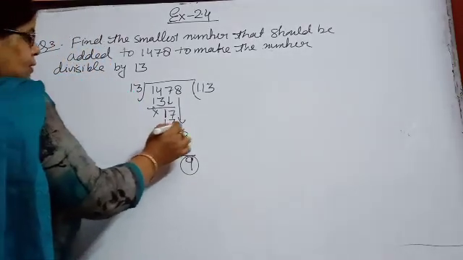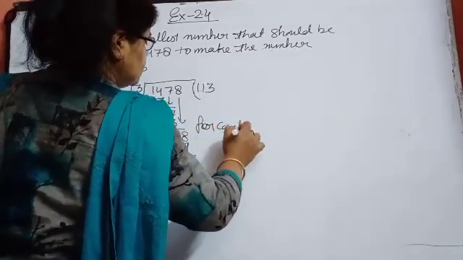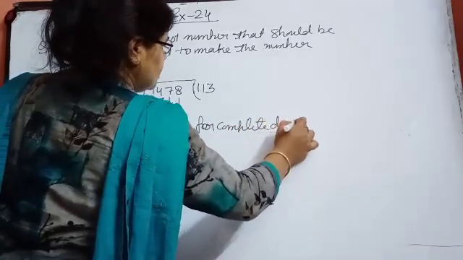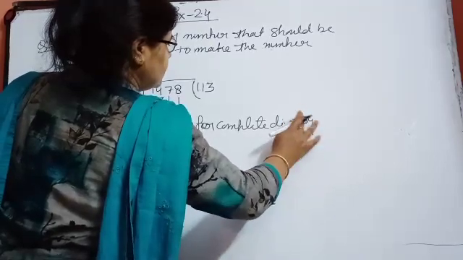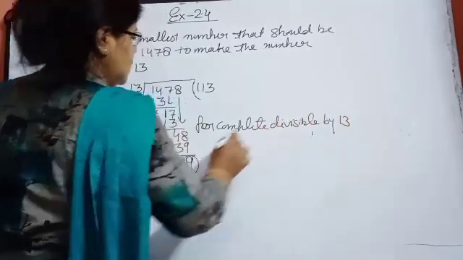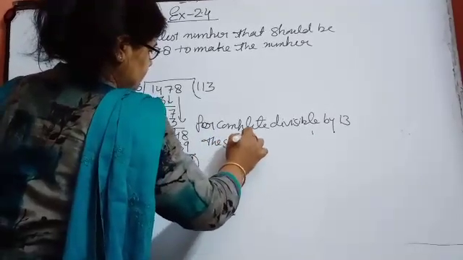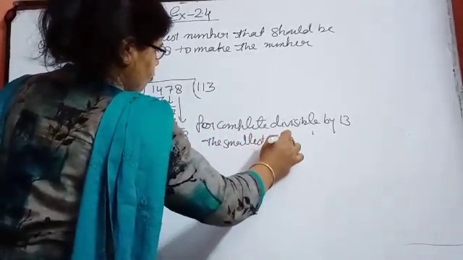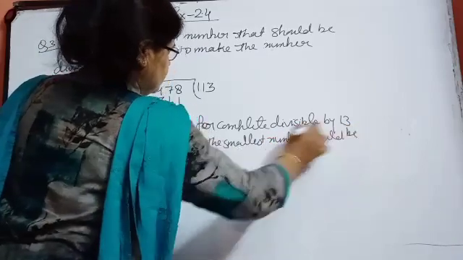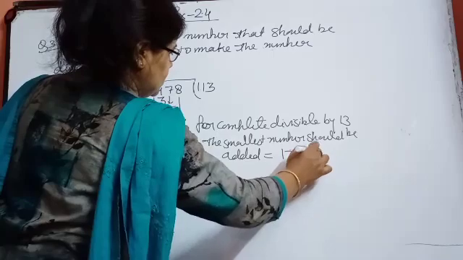So for complete divisibility by 13, the smallest number that should be added is equal to 13 minus 9, that is 4.